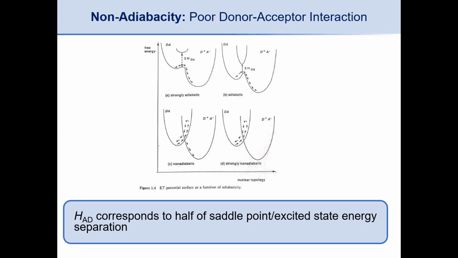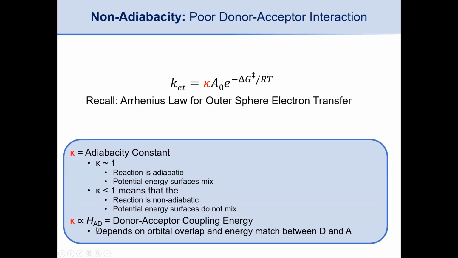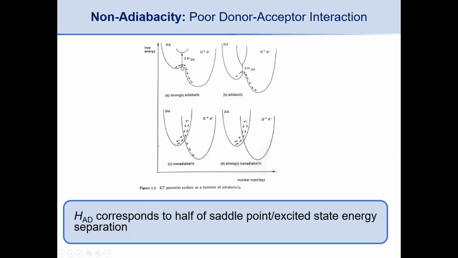All right. Well, in any case, going back to these plots, HDA is going to correspond to the donor acceptor coupling energy, and that translates in these plots as 1/2 of the separation between the saddle point of your transition state energy and the corresponding excited state energy surface on these diagrams.